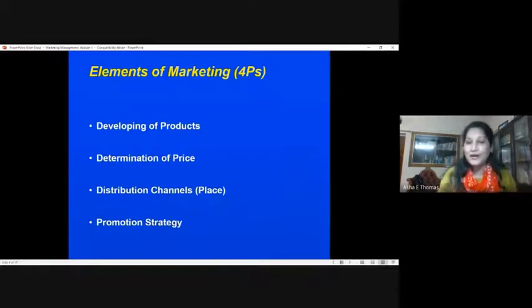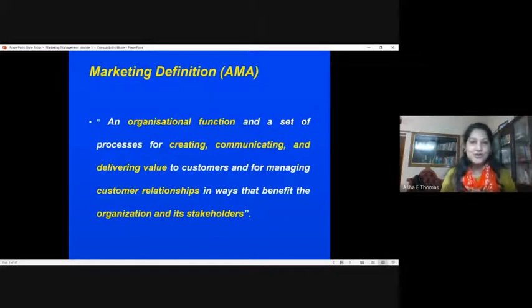Now we are looking into the actual marketing definition. The AMA, the American Marketing Association, has defined marketing as an organizational function.